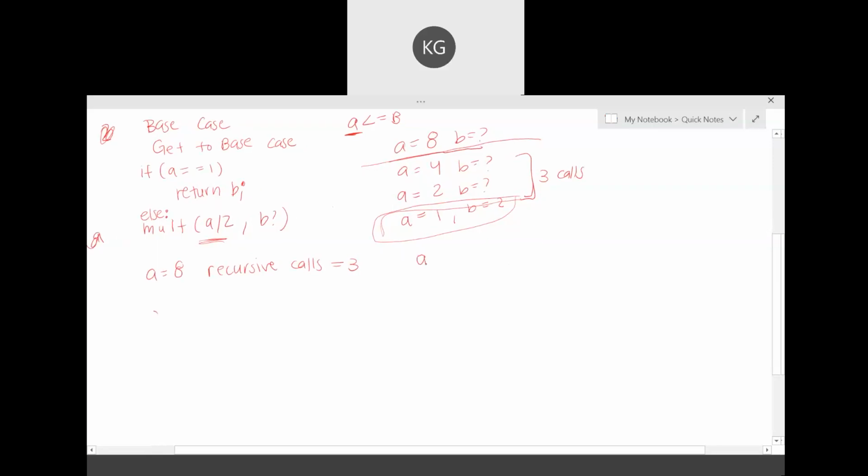If A is equal to 64, then we're going to have A is equal to 32, A is equal to 16. So these are all our recursive calls to mult. A is equal to 8, A is equal to 4, A is equal to 2, and A is equal to 1.